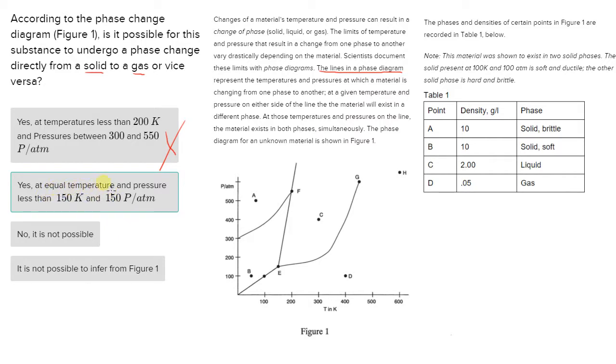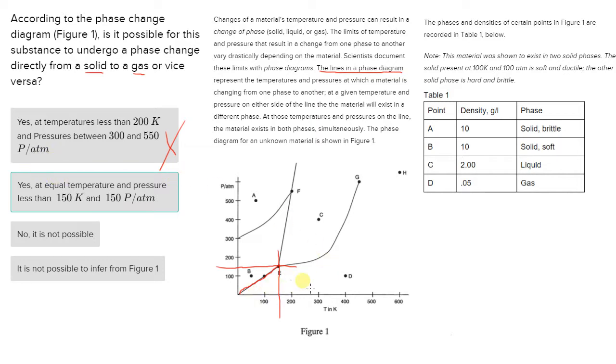Yes, at equal temperature and pressure less than 150 Kelvin, so 150 Kelvin being right here, and 150 being right there. So at equal temperature and pressure, on this line is where answer choice B says it's going from a gas to a solid.